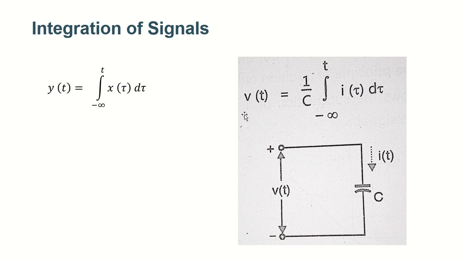The voltage developed across the capacitor can be given as v of t is equal to 1 by C integration from minus infinity to t of i of tau into d tau, which is similar to this operation. So again, here nothing but the integration of a signal is taking place, and the capacitor is a very good example of this integration process.